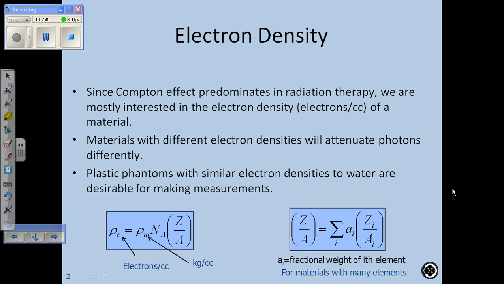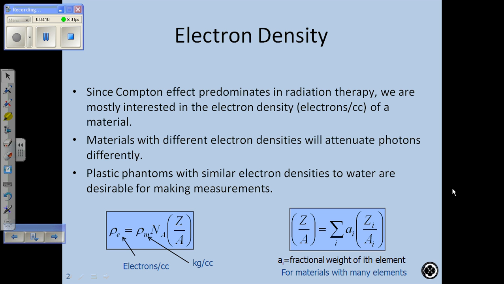I mean, photoelectric takes place because photons scatter, and eventually the energy gets low enough where there can be photoelectric processes. But the predominant process is Compton effect. And Compton effect is affected by electron density. You can think of that as just density of material. How dense is this material? Because electron density and density of material are pretty proportional to each other.